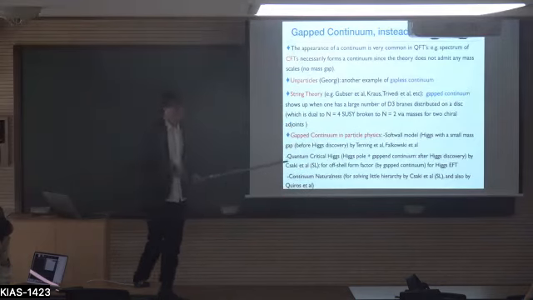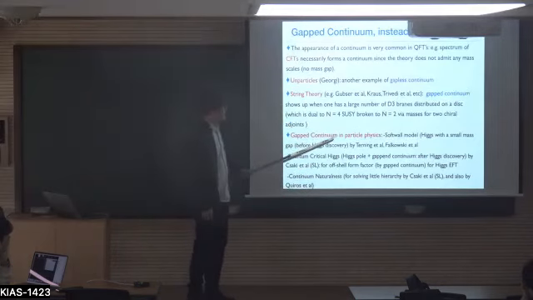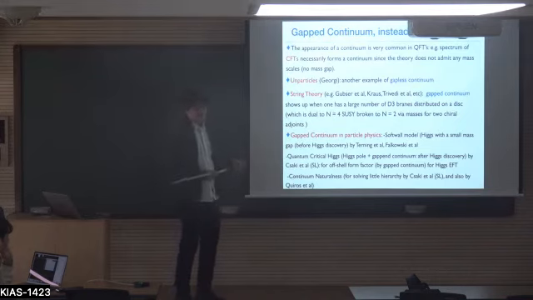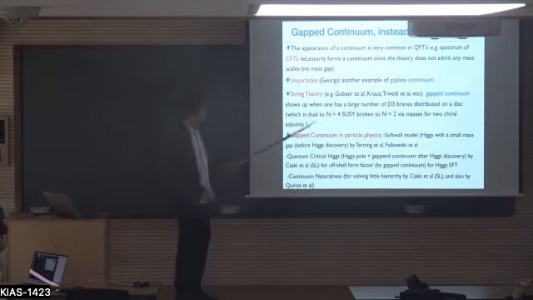This is nice because I'm not a formal theorist, so I'm not saying I'm interested in this string theory realization, but I tell you that on the phenomenology side, sometimes you want a UV physics motivation. So at least in UV physics, you can realize this gapped continuum.